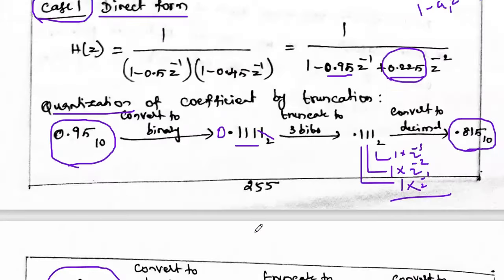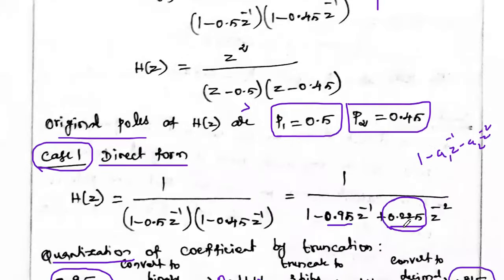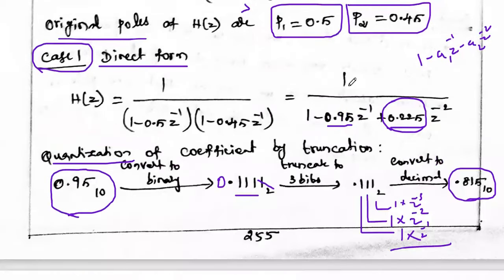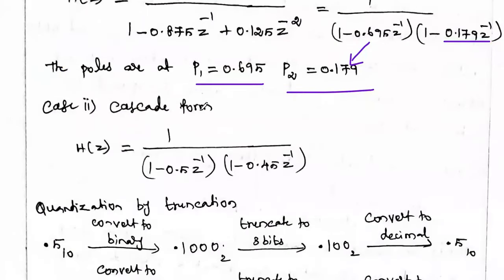The original poles are 0.5 and 0.45. After quantizing the filter coefficients the poles are 0.695 and 0.179, so there is a major shift from the original location if we realize the filter in direct form.